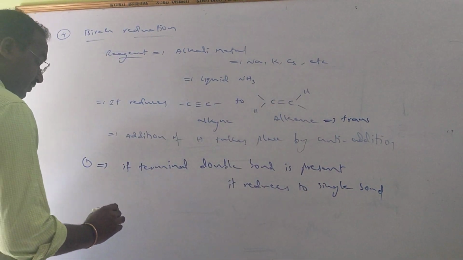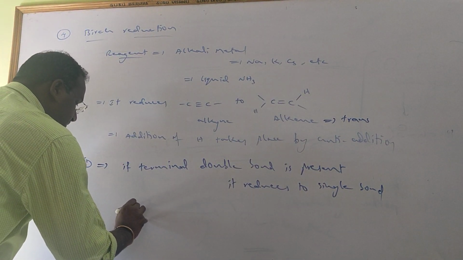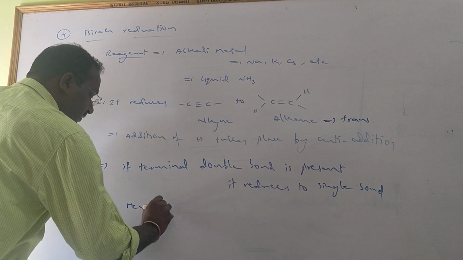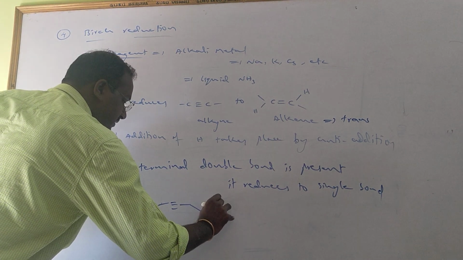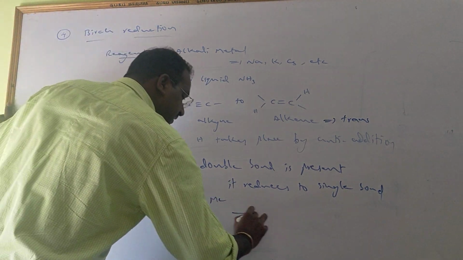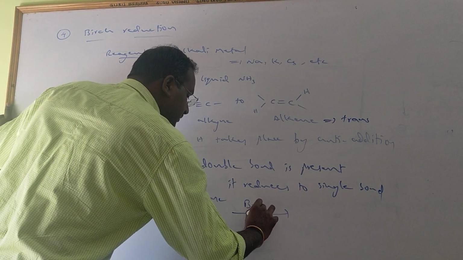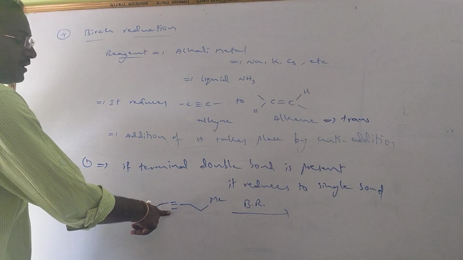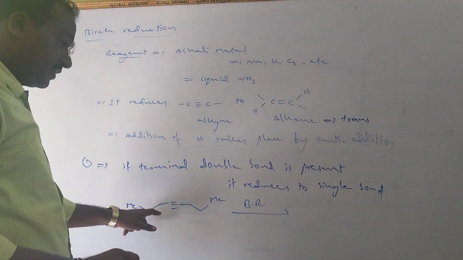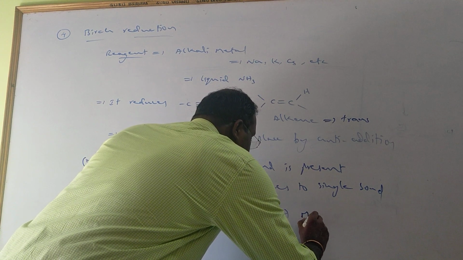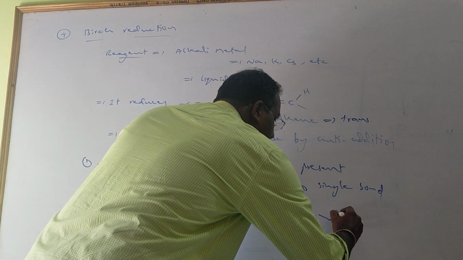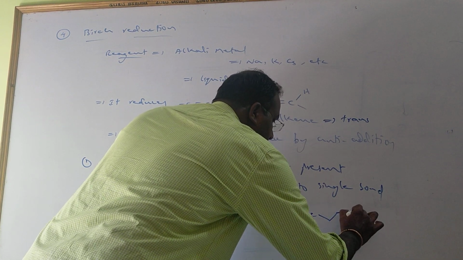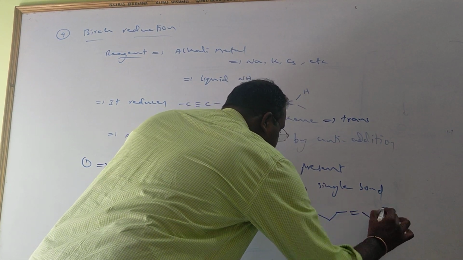I will give this example. Suppose the compound has Me, here a triple bond is present, and Me is present. When it is treated with Birch reduction, this triple bond converts to a double bond like this, Me, and here the double bond by anti-addition.